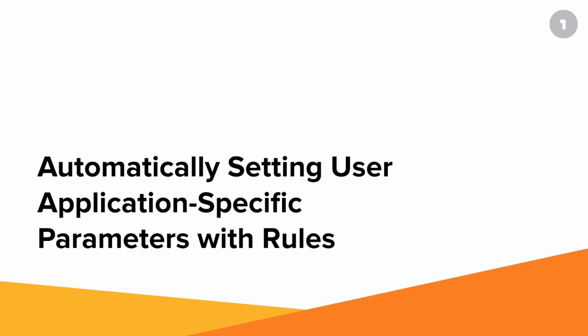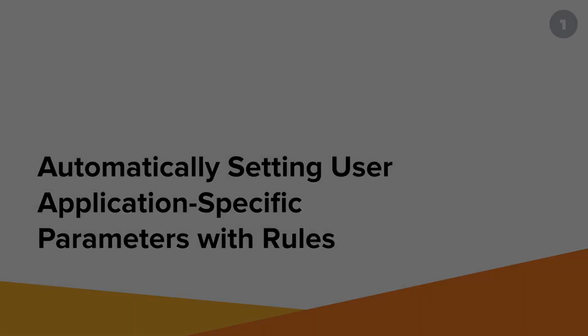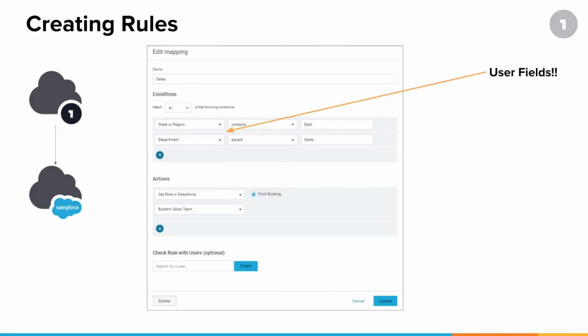fine-tuning when it comes to those parameters by using our lovely rules. So here we have an example of a rule. Again, notice it says edit mapping. At one point, these things are called entitlement mappings. Don't get totally confused, this is a rule.